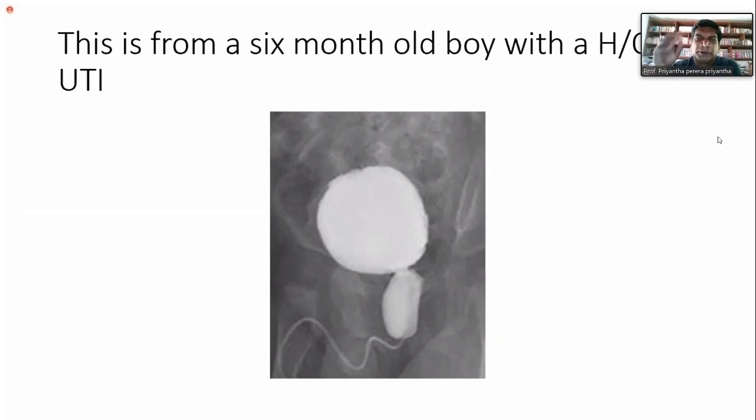To detect residual urine in the bladder after passing urine, right? After passing urine, how much urine is remaining in the bladder? Usually there should not be any urine remaining. So in which conditions do you get post-micturatory volume in the bladder?